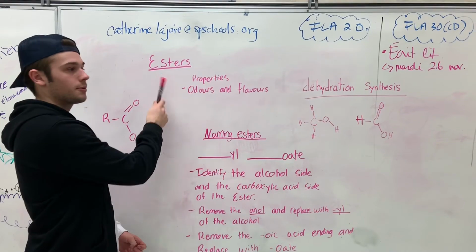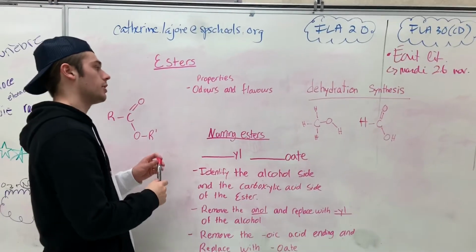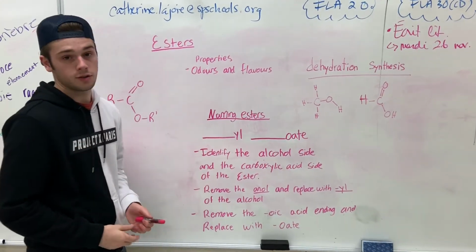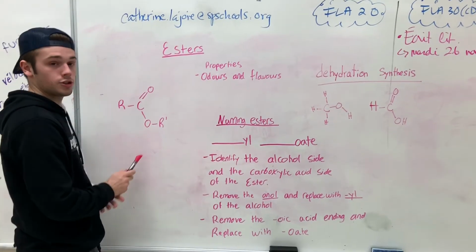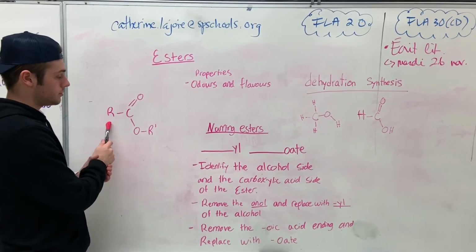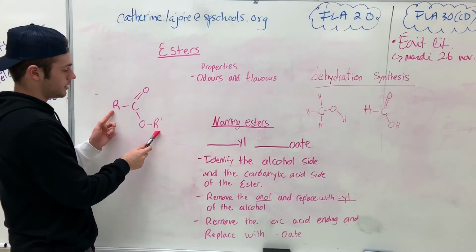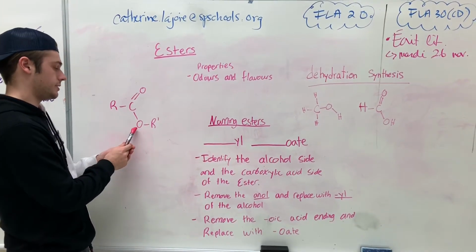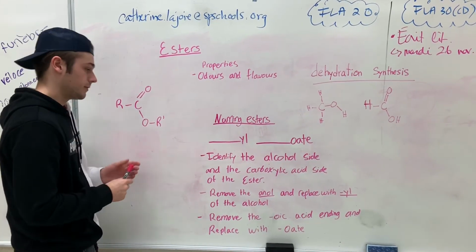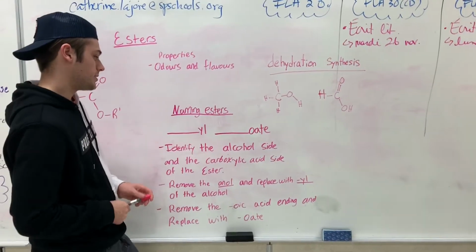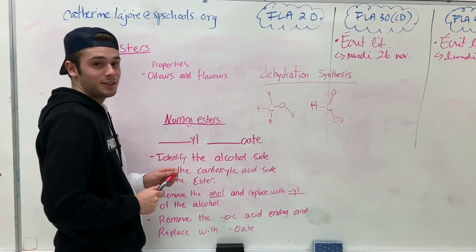All right, next we're going to be talking about esters. The properties of esters are that they have odors and flavors, and this is the chemical structure of the ester itself. We have 2 carbon groups represented here, connected together by an O, and a double bonded O here. Naming the esters is a little tough, but we'll learn how to get it done.